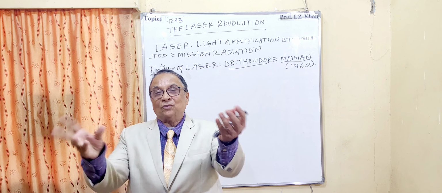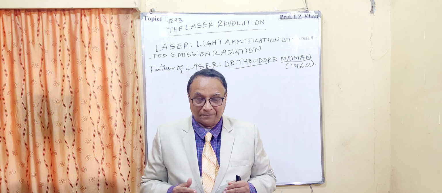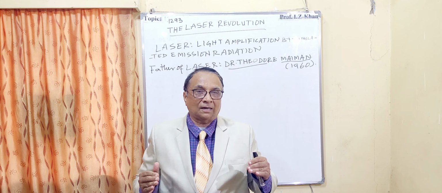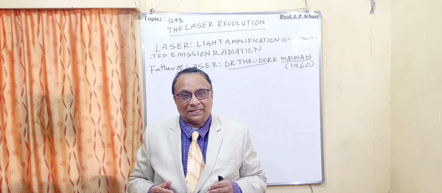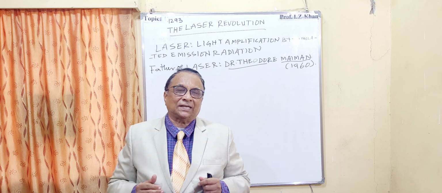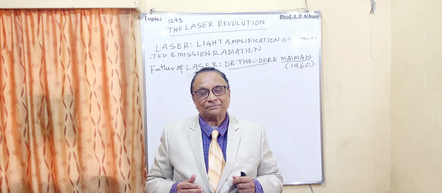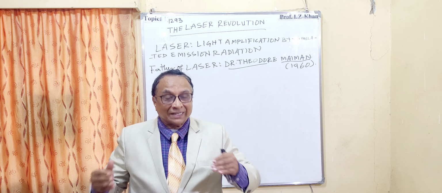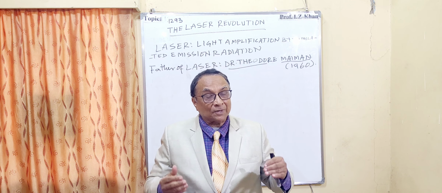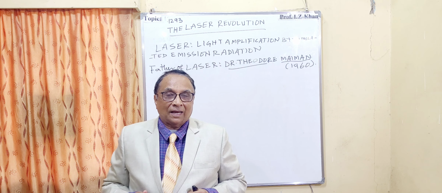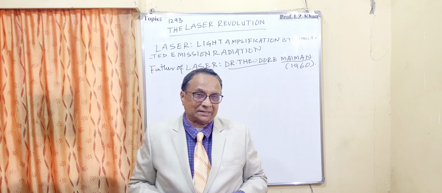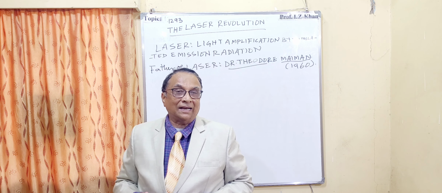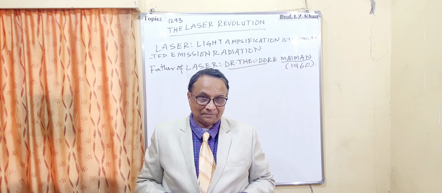Before going to the laser, let me give you the concept of how it came. Up to the 1940s there was a lot of research about the electron, and the concepts of quanta and photon came. At that time, a group of scientists were saying that the electron is a particle.